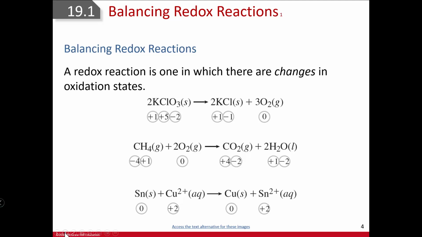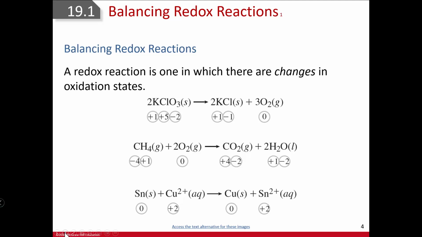Let me just reference the table so you have that to look for. If you go to chapter 4, Table 4.5, all right? So refresh your memory about the rules in Table 4.5.